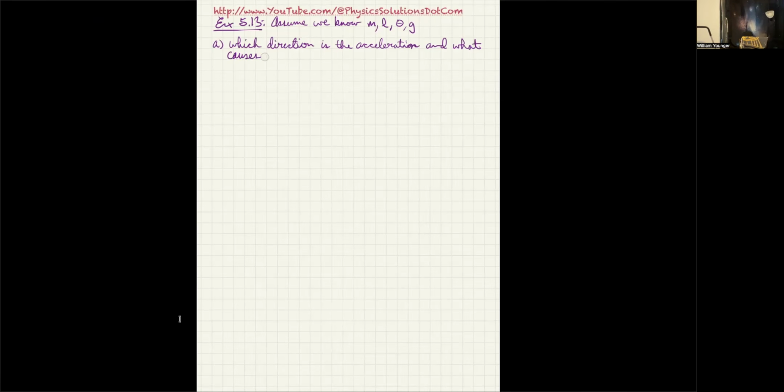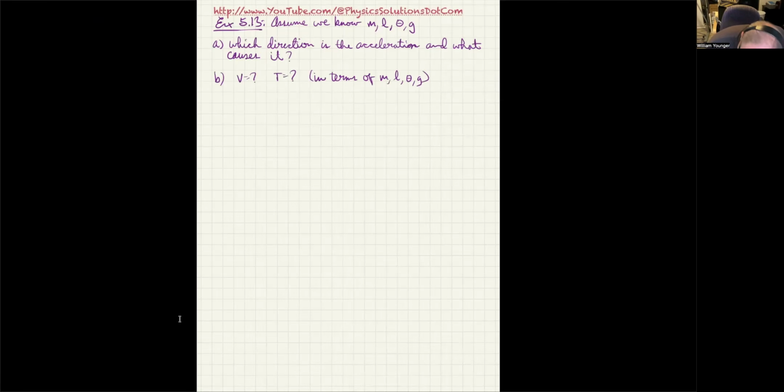I mean, what causes that acceleration. And then in part B, we want to know V equals question mark and T equals question mark in terms of M, L, theta, and G.